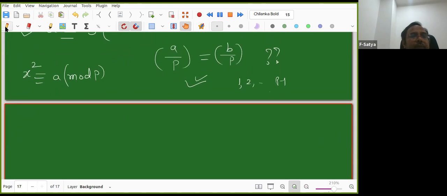Now another question is the summation over k equal to 1 to p minus 1 of (k by p). I'll now check how many of you are attentive. If you're able to tell this one, you are very good.